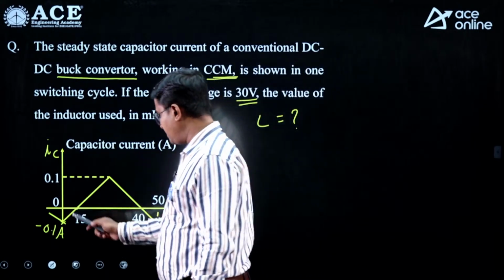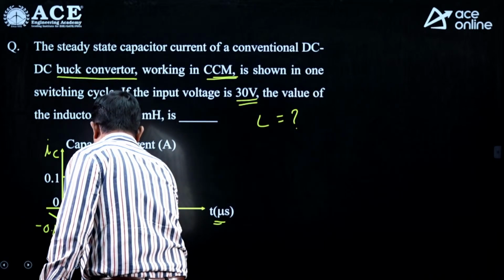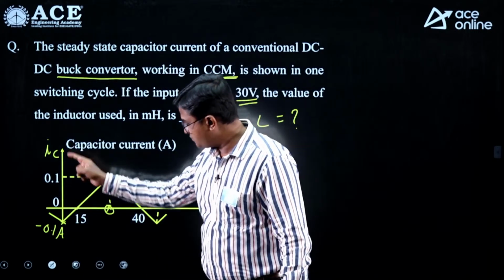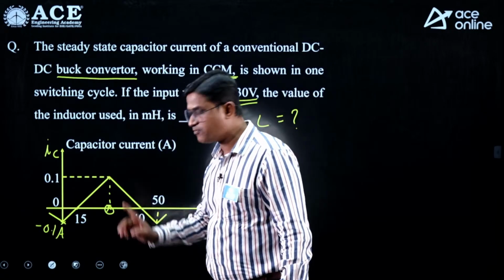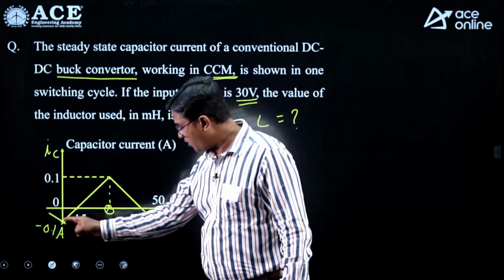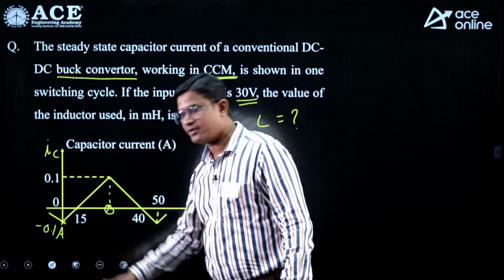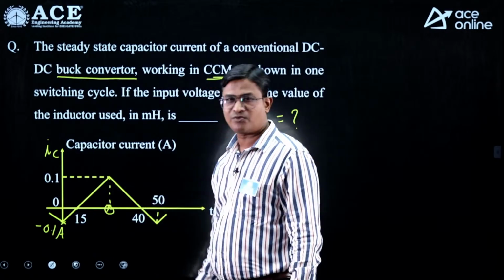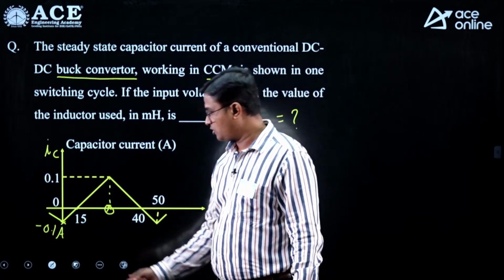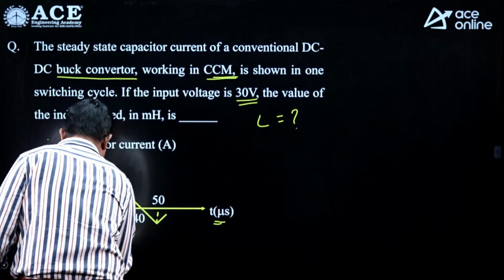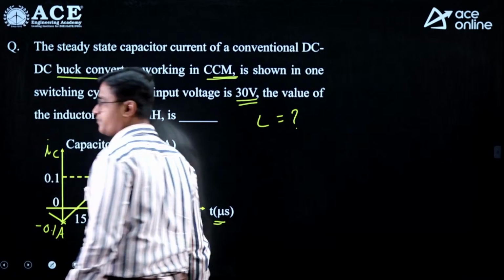If this is 15 microsecond, this current is varying from minus 0.1 to plus 0.1. So minus 0.1 to 0, if it is taking a time of 15 microsecond, this is a linear plot. Then from 0 to plus 0.1, again it will take 15 micro. So if this is 15 and this is 15, this will be 30 micro, right?